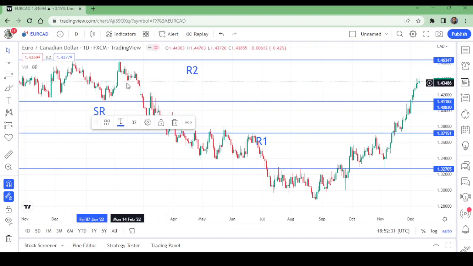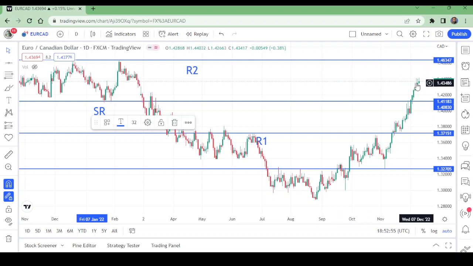Now there is no such thing as resistance before this 1.46347. So EURCAD is bullish and expected to hit this resistance, and let us see what happens, whether it breaks or not.